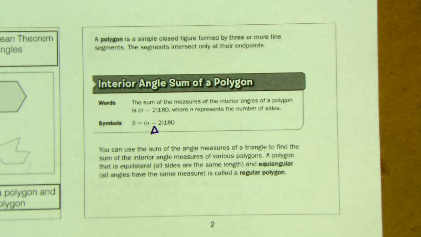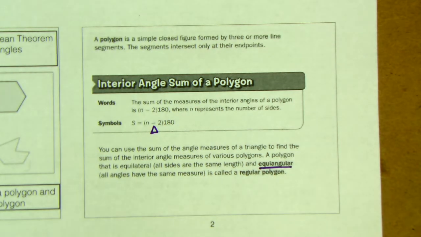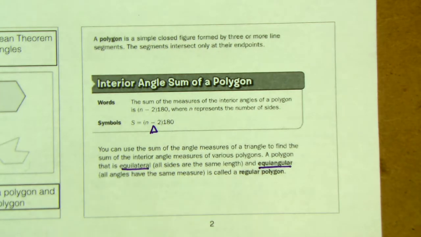A couple things here. Important terms: if something is equiangular, seems pretty obvious, but all angles are equal. Equiangular also means usually that it's equilateral, all sides are equal. If all sides are equal, all angles are equal as well.